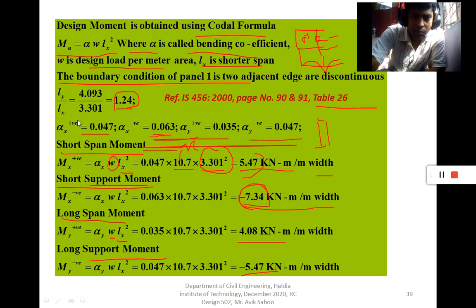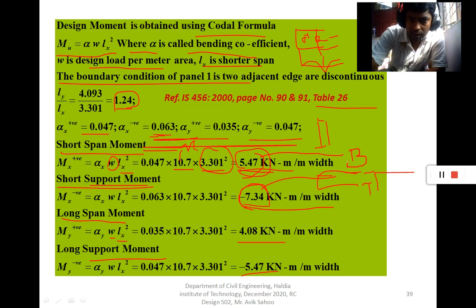and the maximum span moment also occurs along the shorter direction, that is 5.47, the maximum span moment. So for this moment we apply the steel at bottom, and for the support moment we apply the steel at top. This is for bottom.